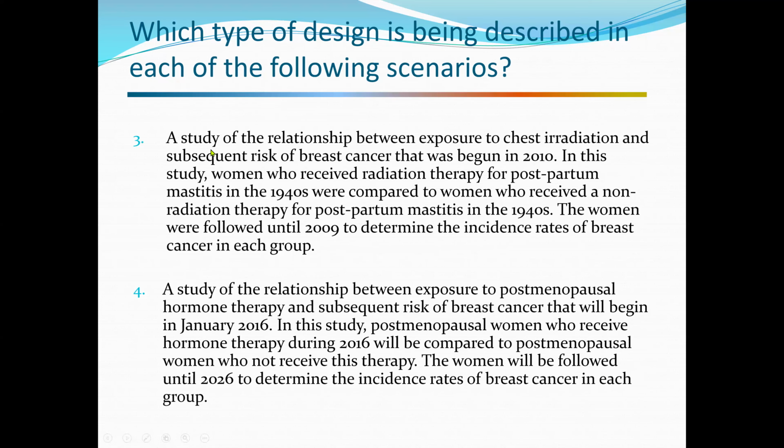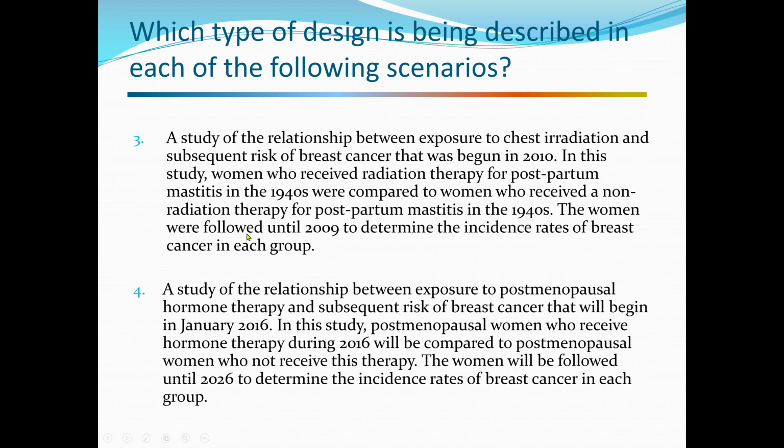The third one is a study of the relationship between exposure to chest irradiation and subsequent risk of breast cancer that was begun in 2010. Now, in this study, women who received radiation therapy for postpartum mastitis in the 1940s were compared to women who received non-radiation therapy for postpartum mastitis in the 1940s.